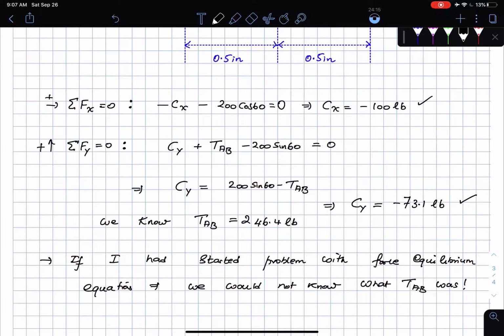But then you're going to ask me, how do you know what to start with? And my answer is, we don't know what to start with. In many situations, you may have to solve all the three equations and then find out all the unknowns from that.